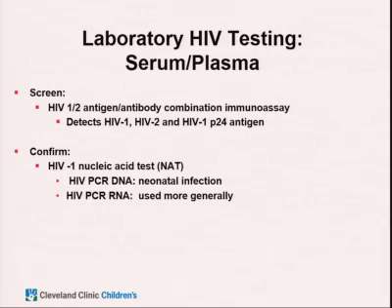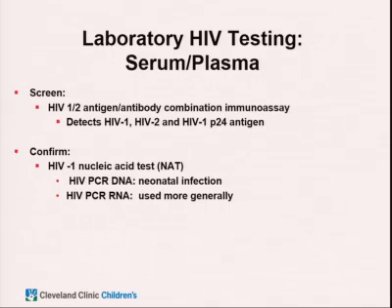So generally, we screen for HIV in older children with an HIV 1-2 antigen-antibody combination immunoassay, and this is a screening test. However, this is not helpful in babies less than 18 months of age because of the transplacental spread of IgG antibody.